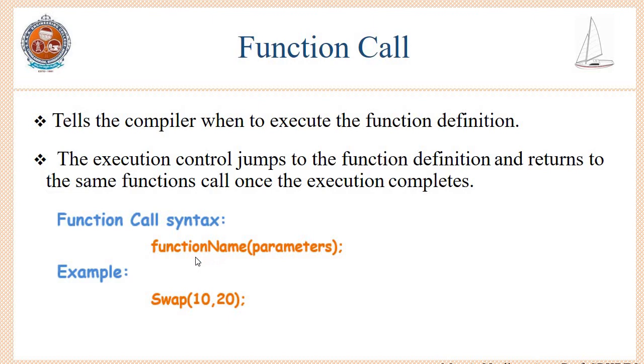The syntax of a function call is function name and parameters, semicolon. Swap is the function name here, and we are passing the two values 10, 20. This is a function call. And a function call is performed inside the main function or any other function or inside the function itself.